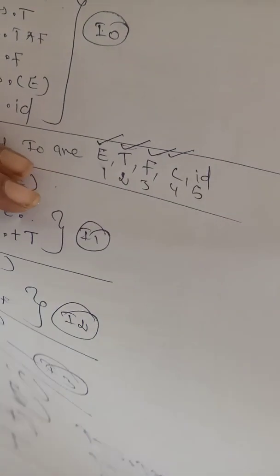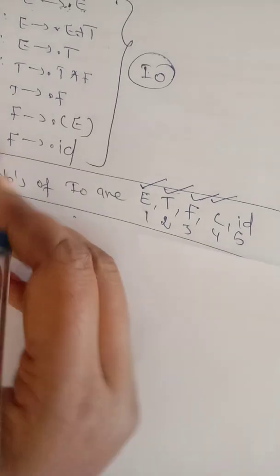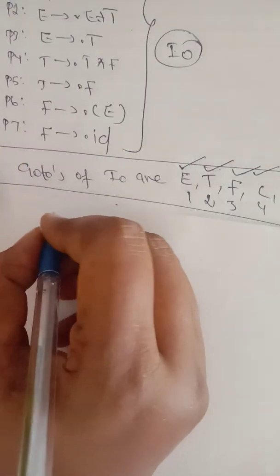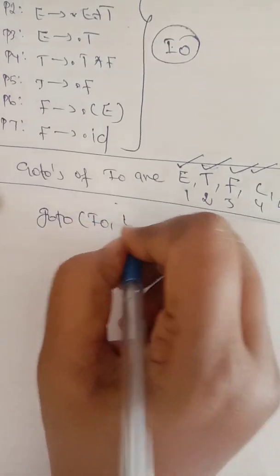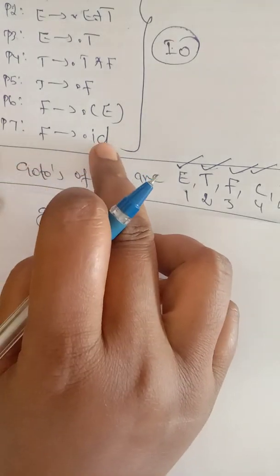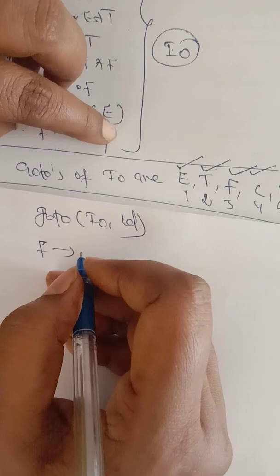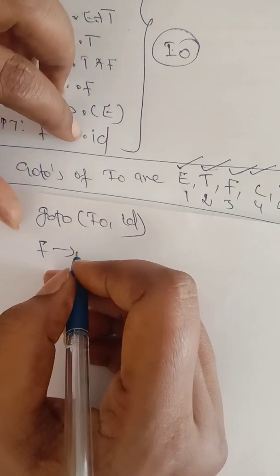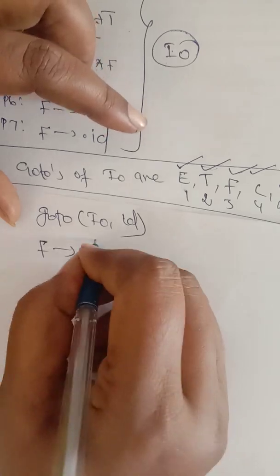Next, apply goto of I naught comma id. Then check where we are having id. Only one production has id, that is F comes to dot id. So apply goto, which automatically moves the dot operator one position to the right. So the answer is id dot.